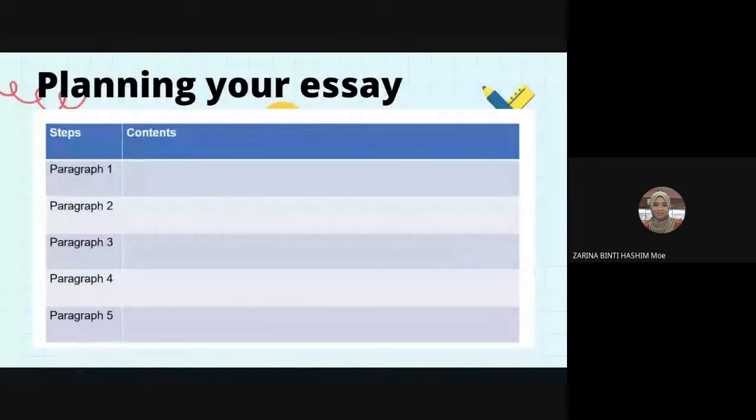Planning your essay. So just now in part 1, when I show you this table, I don't write the paragraphs in the first column under steps. For part 1, if you remember, what do I write in this first column?